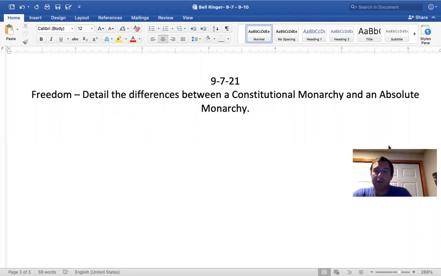All right, so a constitutional monarchy is a monarchy that still resembles the monarch, let's say king or queen, as the leader of that said country. So Great Britain is a perfect example of that. What kind of powers does a monarch have? Not much, not really much at all.